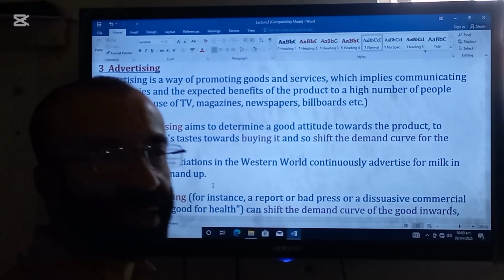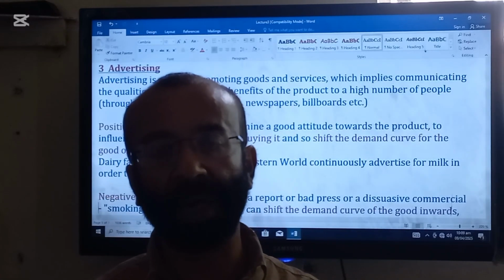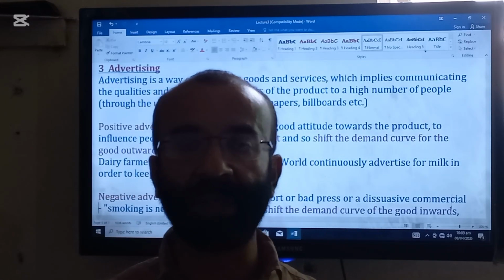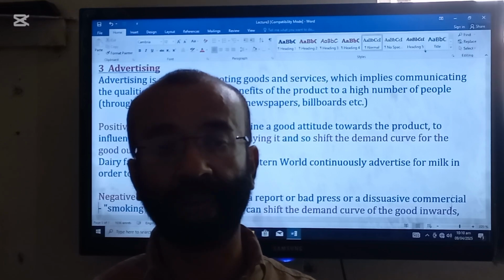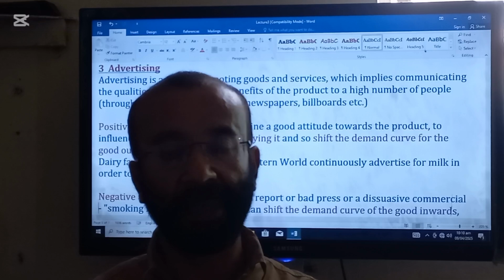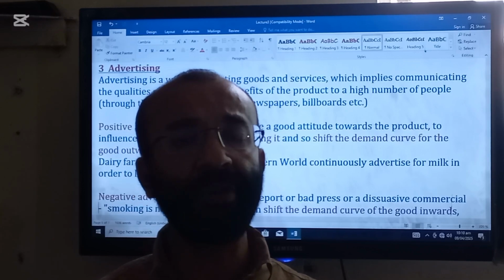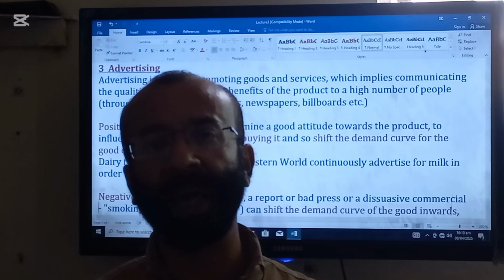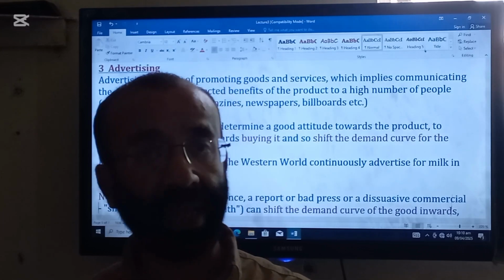But at the same time, beta, try to understand publicity is not always positive for a particular product. It may be positive, it may be negative. For example, if you are promoting a product, definitely it will be called positive advertising. But if you are trying to discourage people from buying a particular product, that advertising will be called negative advertising.